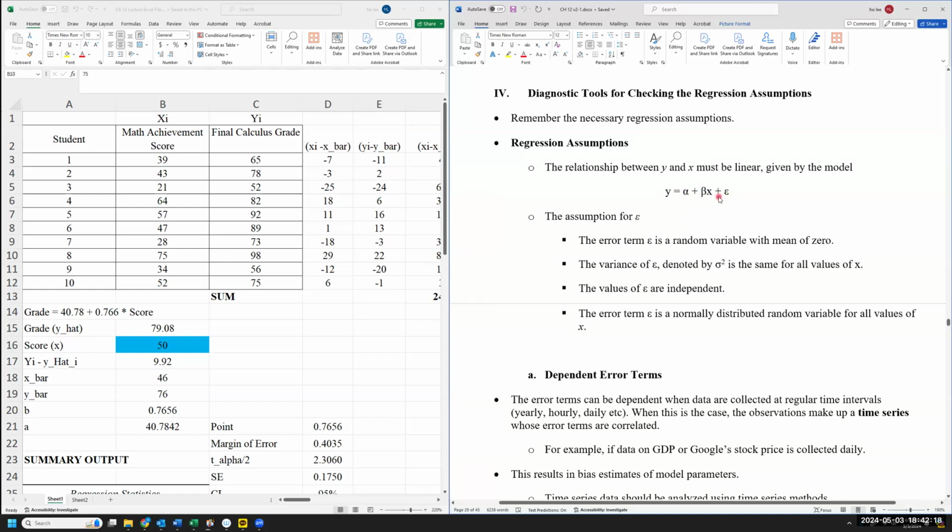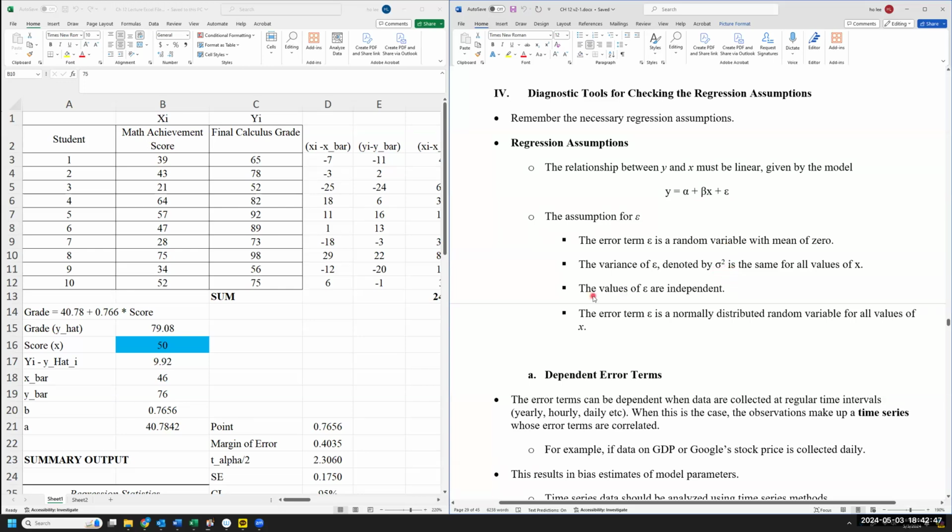Alpha, beta, and epsilon are the true values. They're the population parameters. And we make some assumptions. We say epsilon is a random variable with mean 0, so on average it should equal 0, and a constant variance or standard deviation, meaning as x changes, this variance doesn't change.